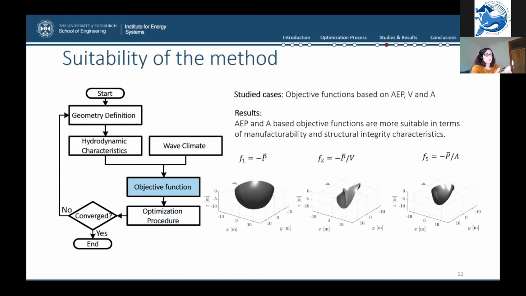So overall, this shows us that combining annual energy production and submerged surface area in the objective function is the most suitable approach in terms of the manufacturability and structural integrity characteristics that the resulting shapes will have, while considering costs in some way in the objective function.